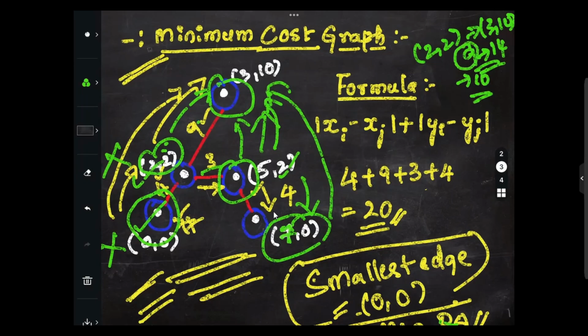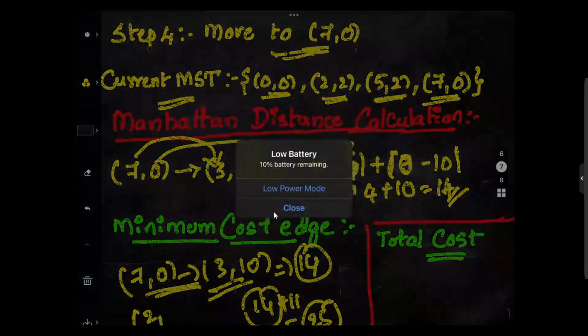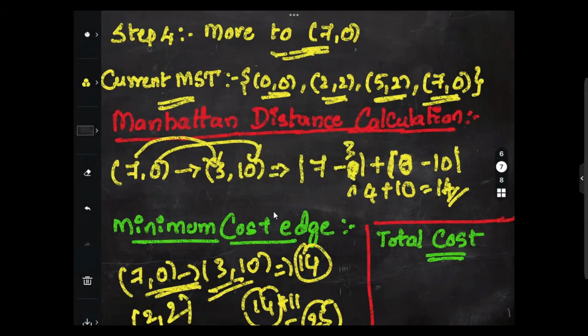The least possible cost here would be 9, and that we will be considering. So for 3,10 we already have 9 in this case, according to Prim's algorithm. So we will be considering 2,2 to 3,10 here. This will be 9, not 14.